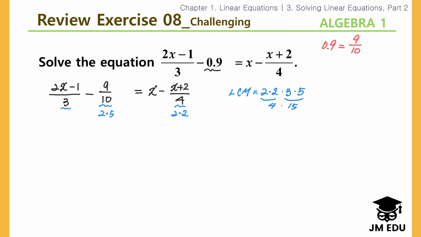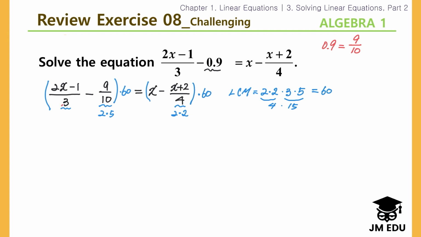So 15 times 4, that's 60, right? 60. So we're gonna multiply all of this expression by 60, all of this expression by 60. So far so good? Okay, now let's simplify this.